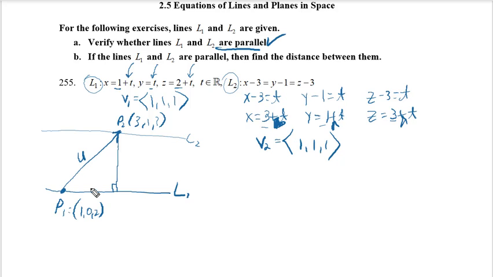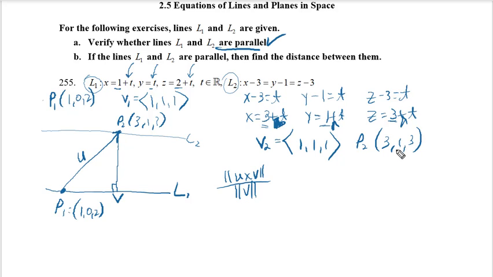If we call this vector u, the line 1 vector v, then our answer is going to be the magnitude of u cross v divided by the magnitude of v. Now I'll just set these up. The u vector goes from P1 to P2. P1 up here on line 1 was, what did we say, 1, 0, 2. And on line 2, the point was 3, 1, 3.